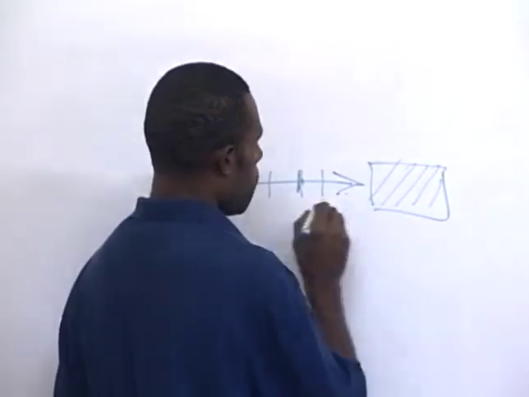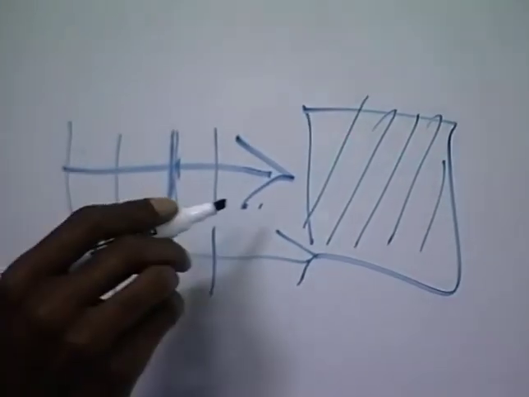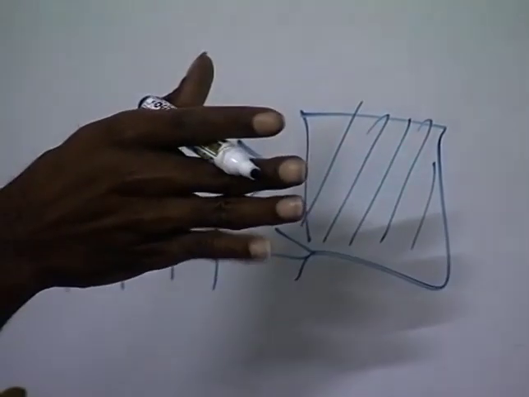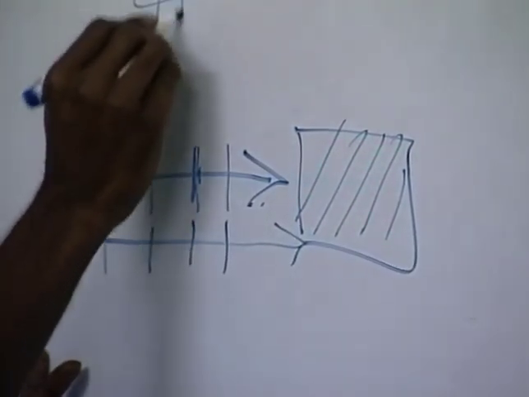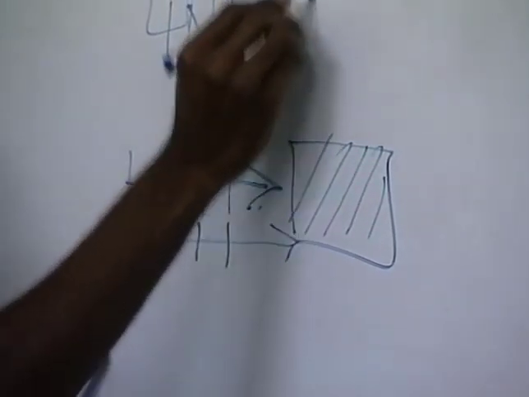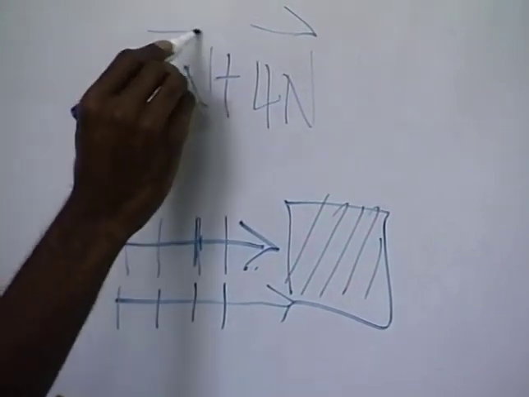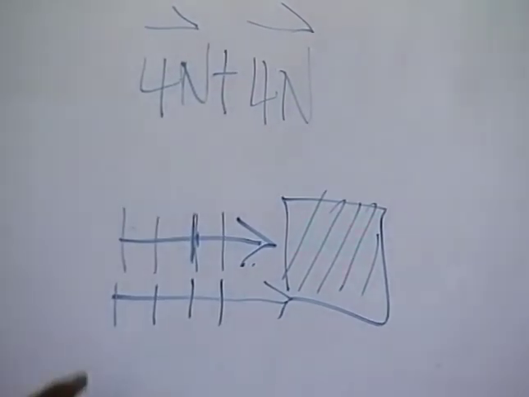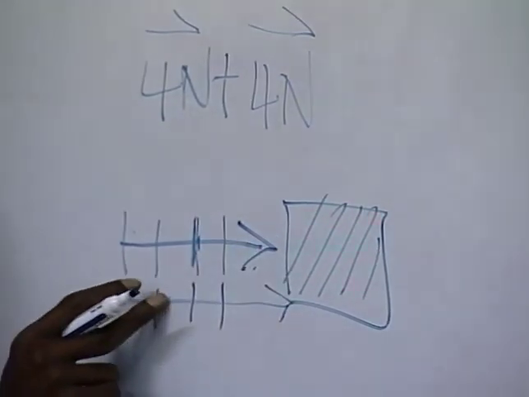We have to apply the next, let's say 4. Two of these 4 newtons are acting in one direction. So we can simply say that that is 4 newtons plus 4 newtons. Sometimes you'll find that there is a symbol which shows you the direction of the vector. So in here, 4 newtons is applied plus another 4 newtons.